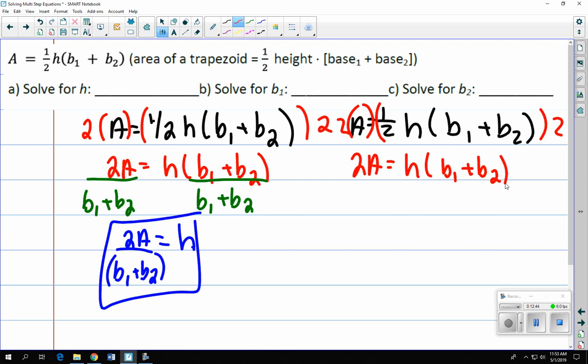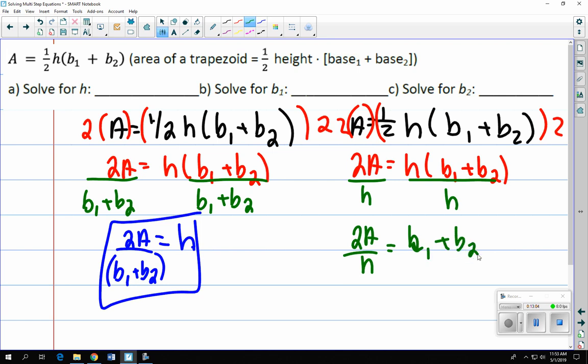And again, we talked about it. Between the h and the b1 plus b2, there is a multiplication. And I'm not going to divide by what's inside, but divide by that h. So I'm going to have 2a divided by h is equal to, because I divided by the coefficient out in front, the parentheses disappears, b1 plus b2.